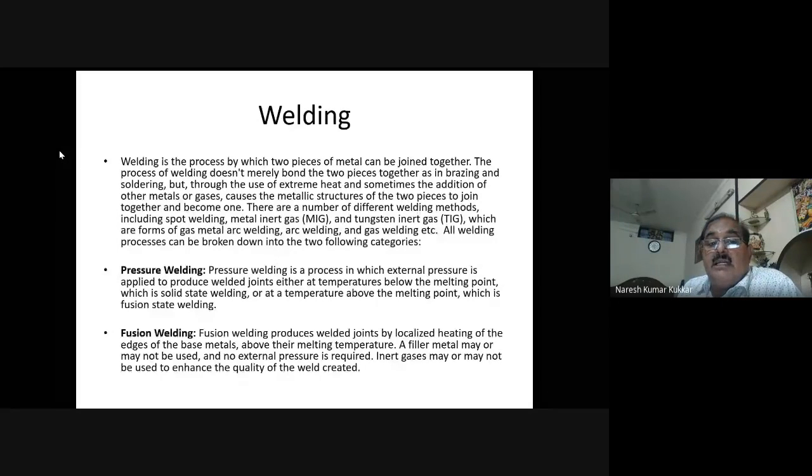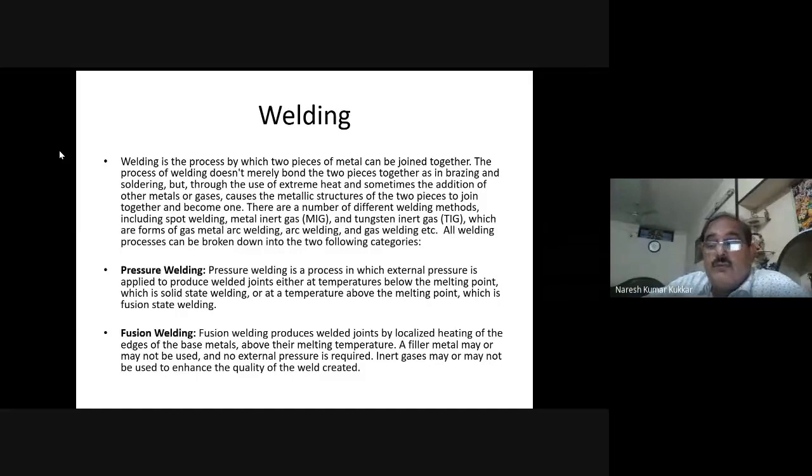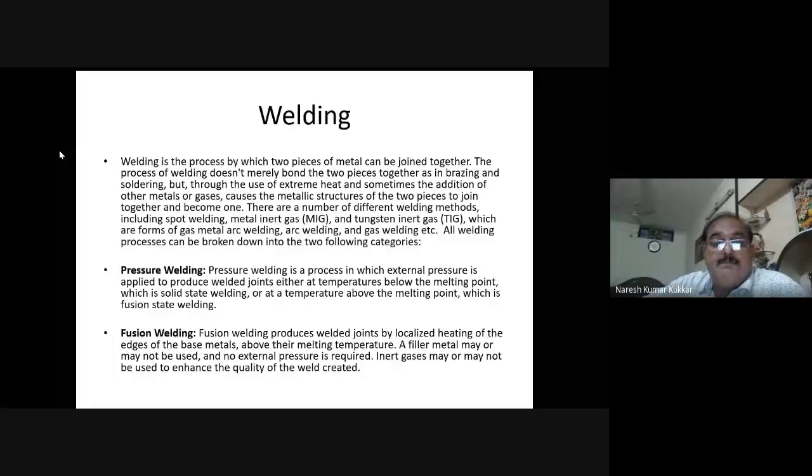The process of welding does not merely bond the two pieces together as brazing and soldering do, but uses extreme heat and sometimes the addition of other metal or gases. There are many types of welding; we are discussing the basic types here.